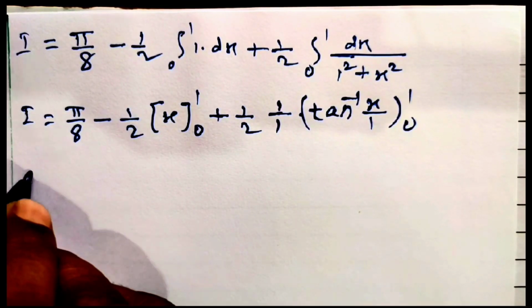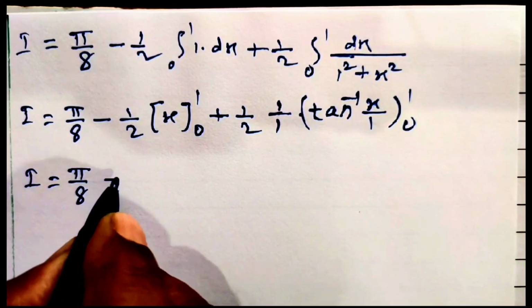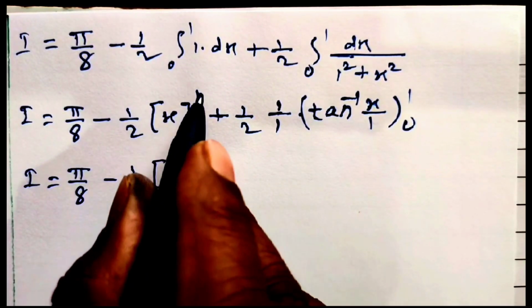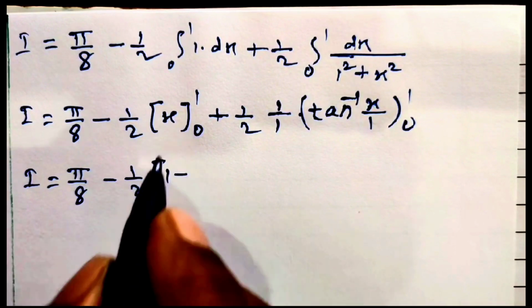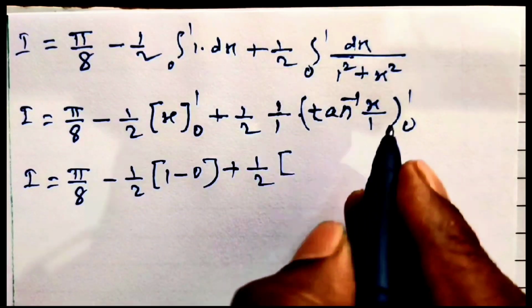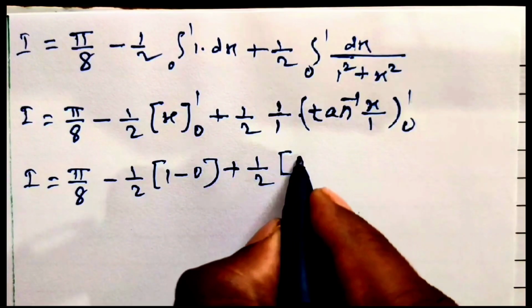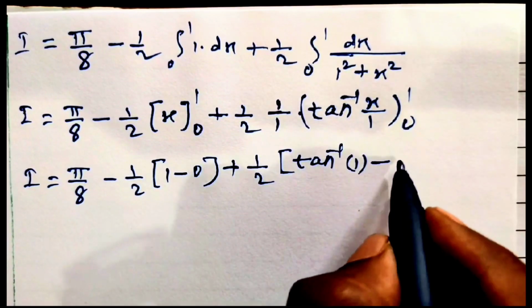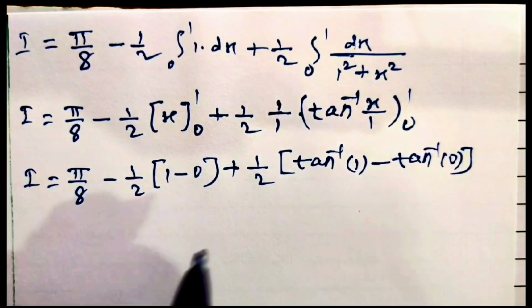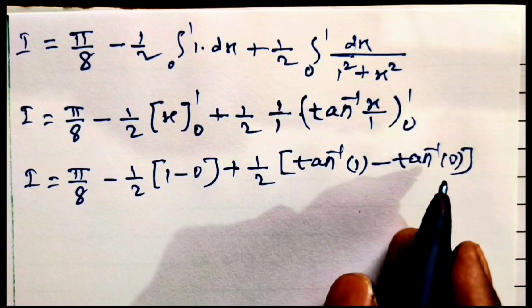So I is equal to pi upon 8 minus 1 upon 2, replace x by 1 first minus replace x by 0, plus 1 upon 2. Now replace x by 1 first, that is tan inverse 1 minus tan inverse 0. But you know tan inverse 1 is pi by 4 and tan inverse 0 is 0.